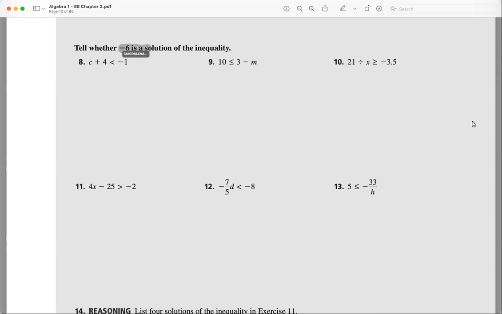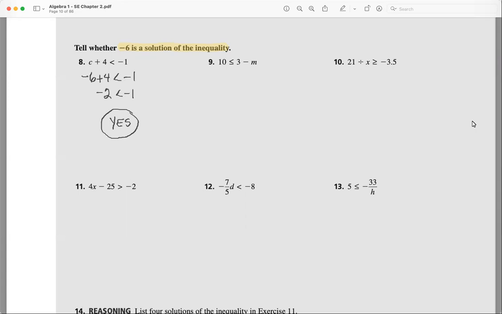So substituting -6 for each one of those variables. Let's go ahead and start. -6 plus 4 less than -1: -2 less than -1. That is true. Remember, the farther to the left that you are from 0, the smaller the value.